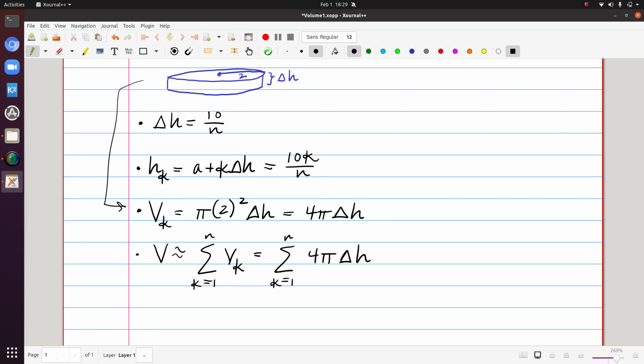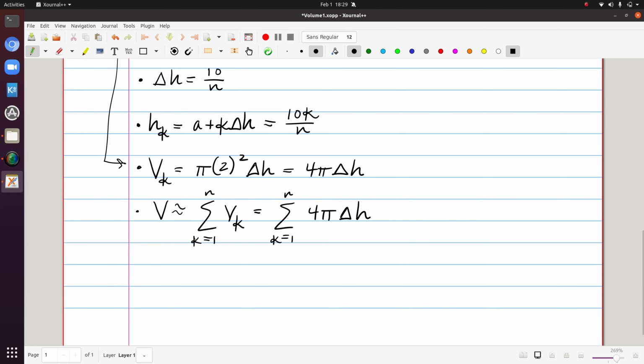So the nice thing about this is now I'm at a point where I am interested in thinking about what integral we would get if we were to send n to infinity. And in the situation where we're not getting an exact value of the volume from adding up the slices, by sending n to infinity and constructing the integral, that has the advantage that we are getting the exact volume. So what we would be able to say is that V is exactly equal to the limit of our Riemann sum that we constructed here.